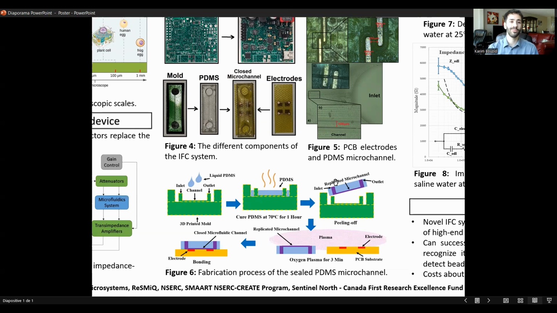Then the microchannel is replicated in the PDMS, following the shape of the mold. Then we bond the PCB electrodes to the microfluidic system using oxygen plasma, so that the whole system is sealed tight and there is no solution leakage.